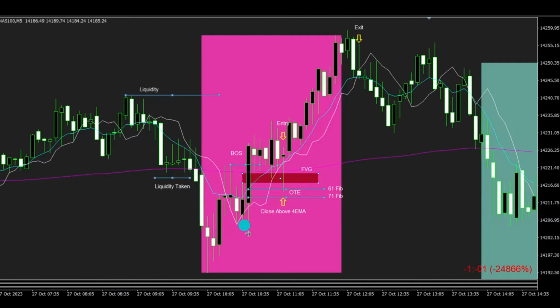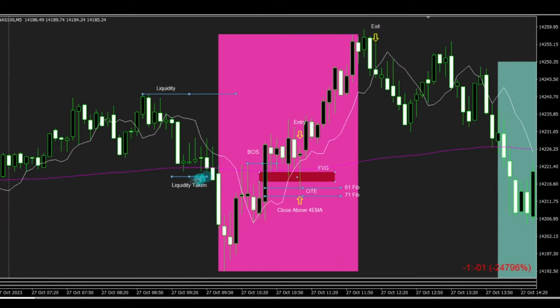Here they're the same as your entry closes above the 4 and the 10 EMA, but on your exit, the 4-period EMA with a shift of 4, which is in white, this is your exit. Once price closes below the 4-period EMA with a shift of 4, that is your exit. But price did not close until this candle on the 10-period EMA, and that made you lose some of your profit.